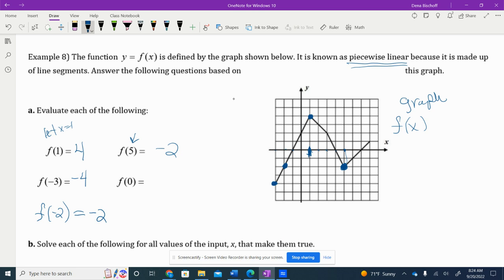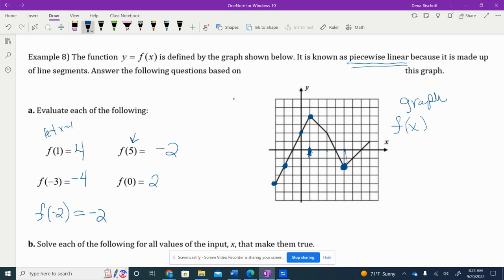What about when I input a 0? When I let x equal 0, f of 0, the output is what? 2. Does that make sense? You're just replacing the number inside of the parentheses. Let x equal 5, 0, whatever. f of x is your output.